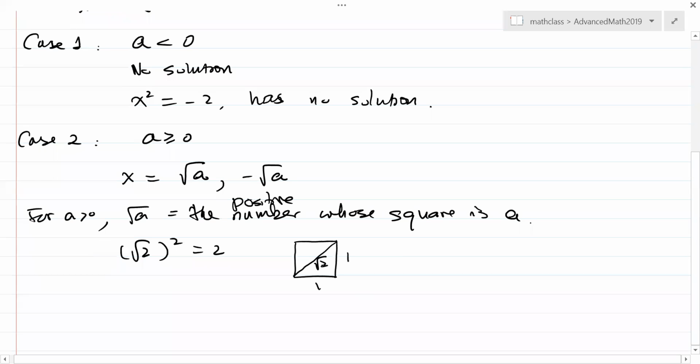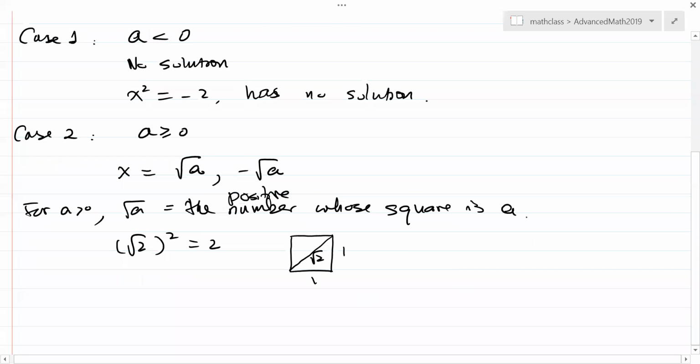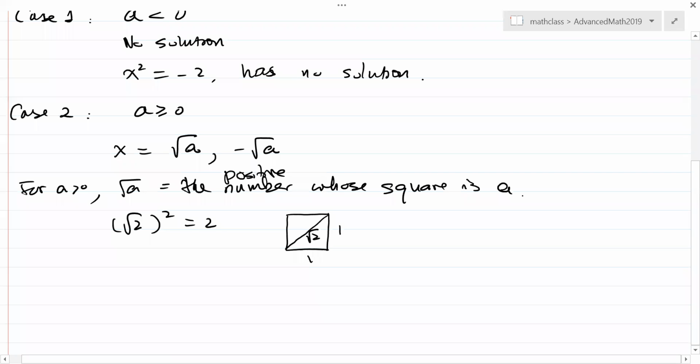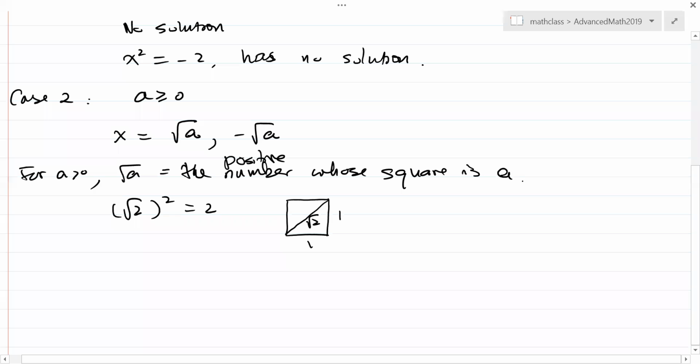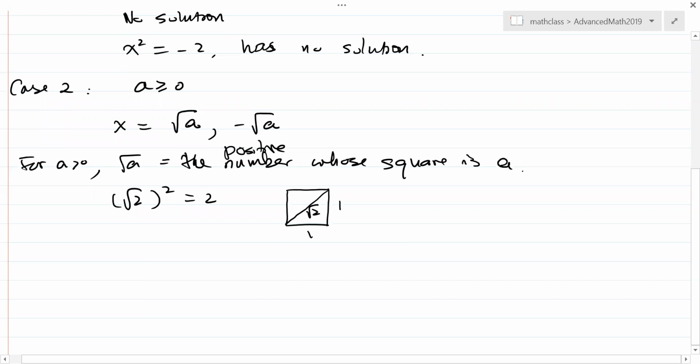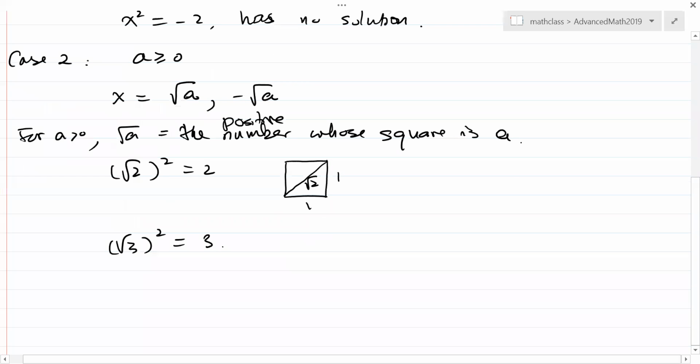We studied that before. Right, and the square root of 3 is harder to describe. Square root of 3 is also a number, but how can you describe square root of 3 using a geometry picture? Square root of 4 is 2, right? The square root of 3 squared is going to be 3. How can I describe it using a geometry picture?